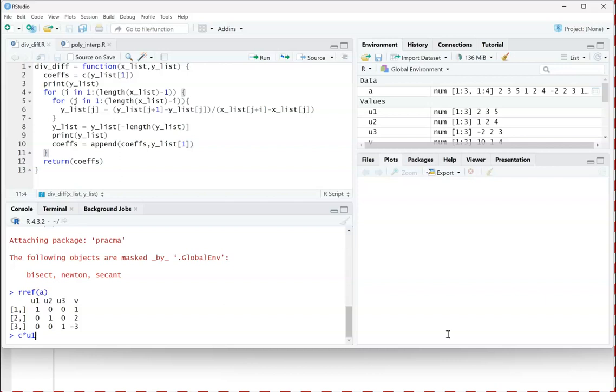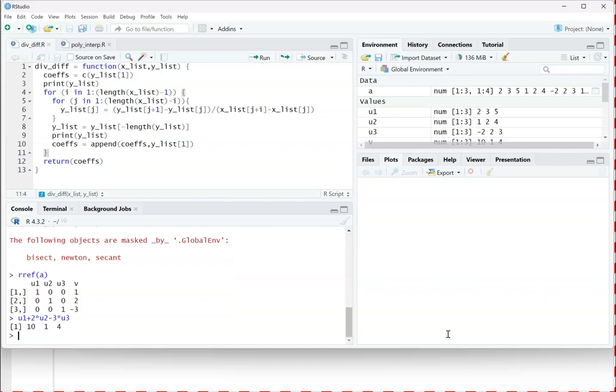If I do U1 plus 2 times U2 minus 3 times U3, what should I see? 10, 1, 4, right? That was the V vector. There we go. We do. So I can check the answer quickly. This is another advantage of doing this in a program like R over doing this on your calculator, so I can check my answer real fast.